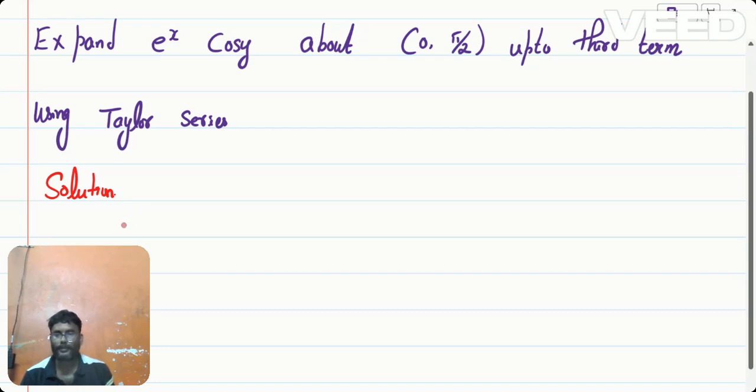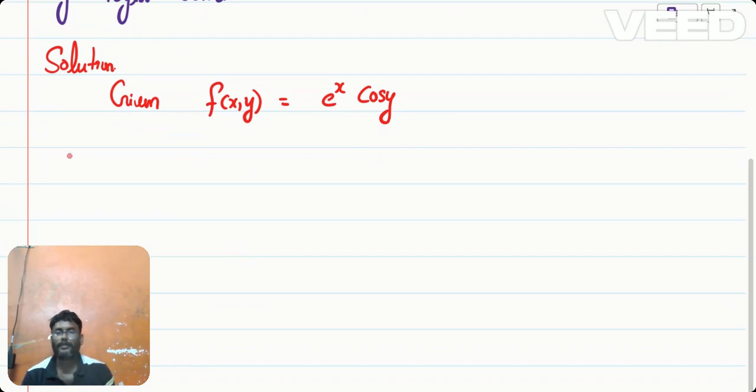First we have to find the derivative and the values at 0 comma pi by 2. So the given f of x comma y equal to e to the power x cos y. So f of 0 comma pi by 2 will be, put x is equal to 0 and y is equal to pi by 2, we will get e power 0 cos pi by 2, which is equal to 0.